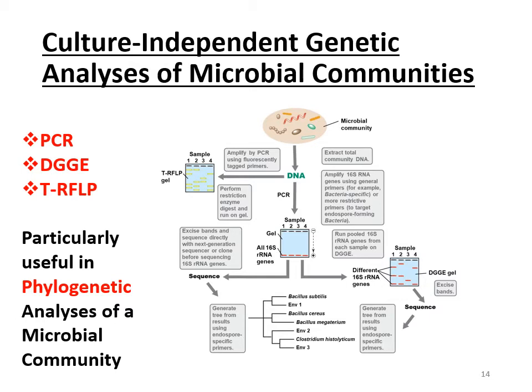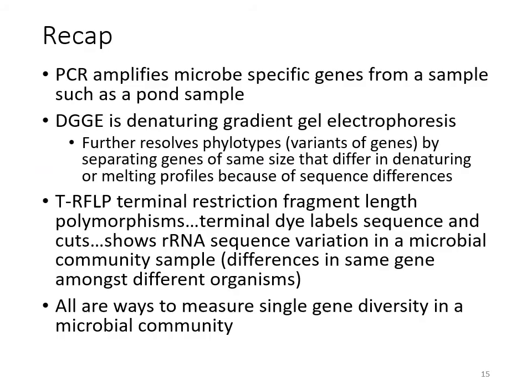So it's particularly useful in any phylogenetic analyses, which is like when they make those genetic trees in evolution and trying to figure out which microbes are related to which other ones, for instance. Okay, so I'm going to give some review or recap notes on the next slide. Okay, so here are the recap notes. You can pause the video and take down the notes because, like I said, I know that's a lot of information.